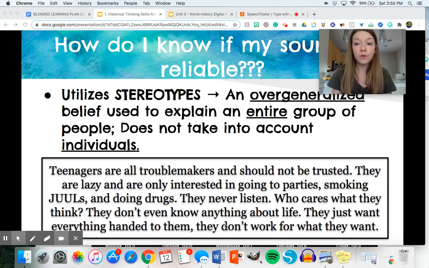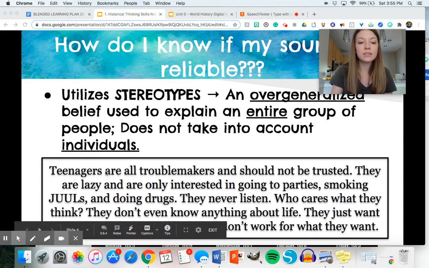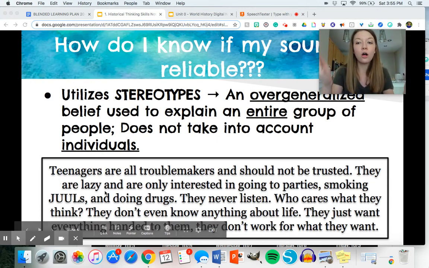Now, some of you might be looking at this statement and saying, that might not be true for me, but I know people who were like this. Yeah, absolutely. However, notice that it doesn't say the name of a specific teenager. It says all teenagers.